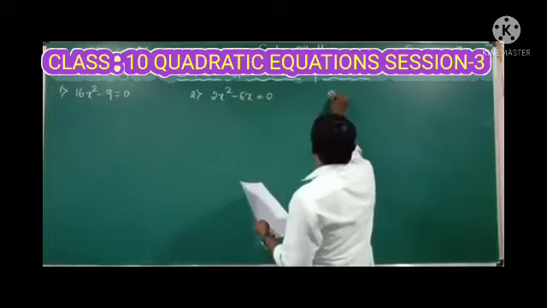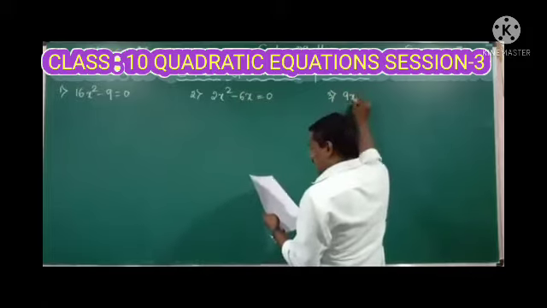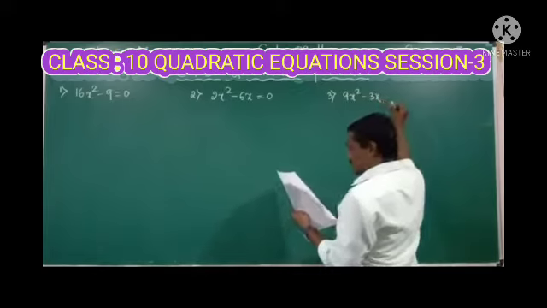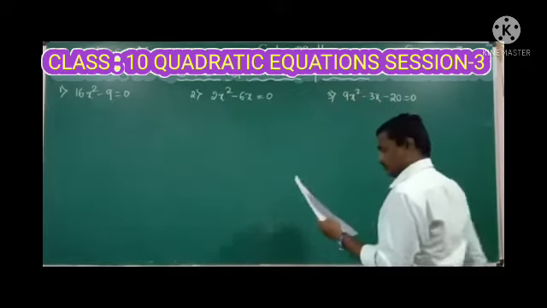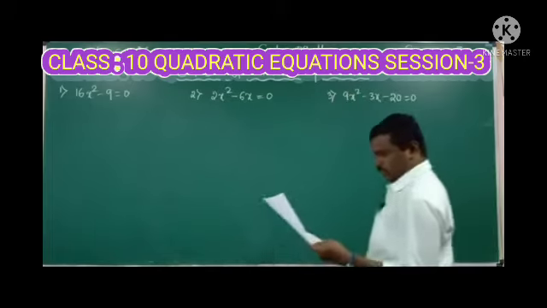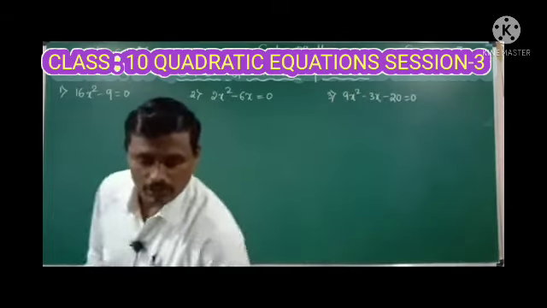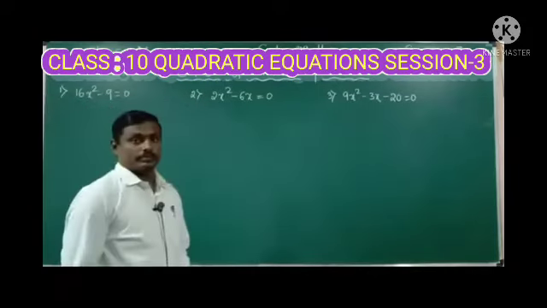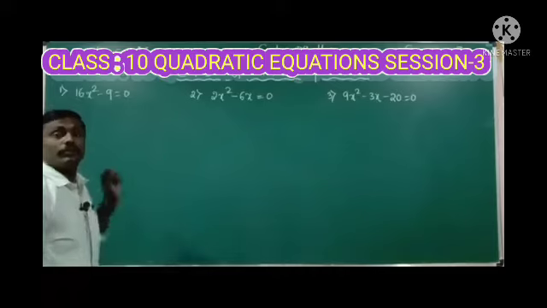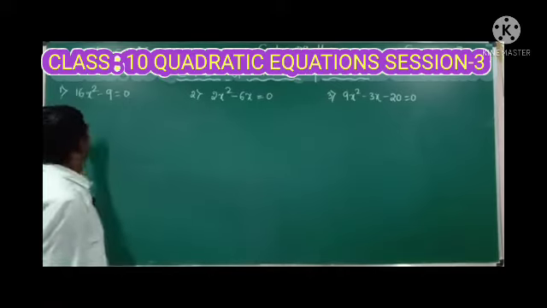Third one, 9x square minus 3x minus 20 is equal to 0. Now solve these three questions by using the factorization method, right?